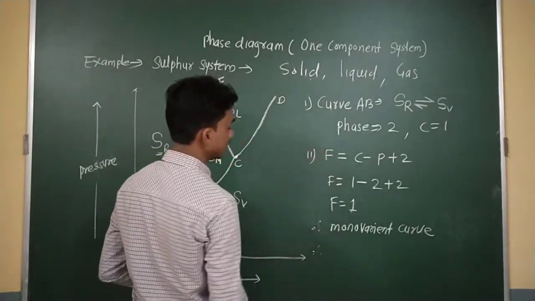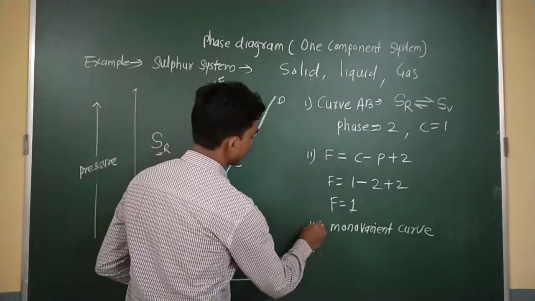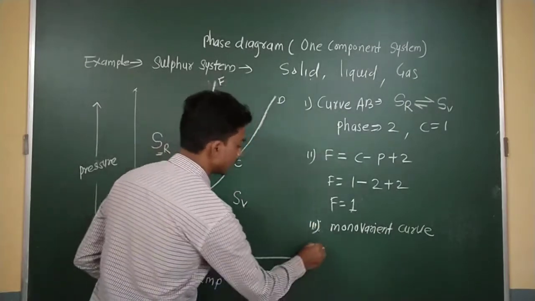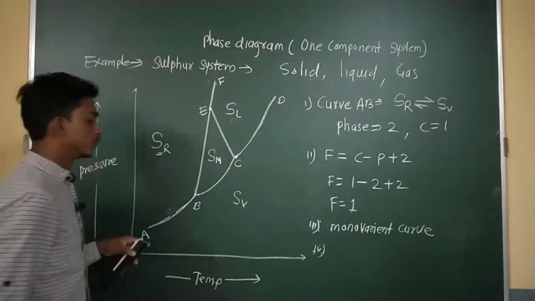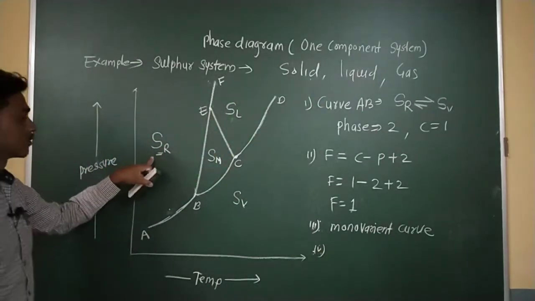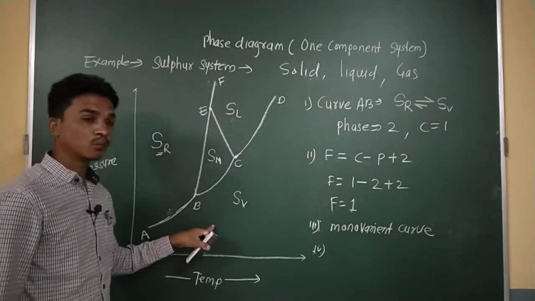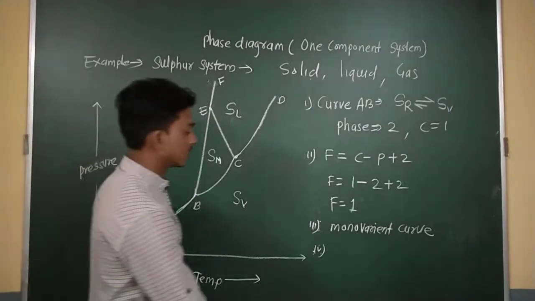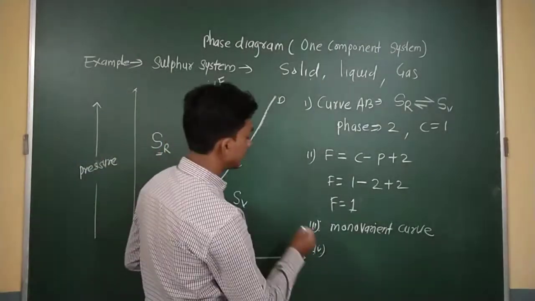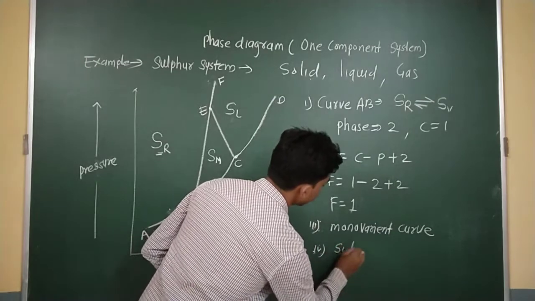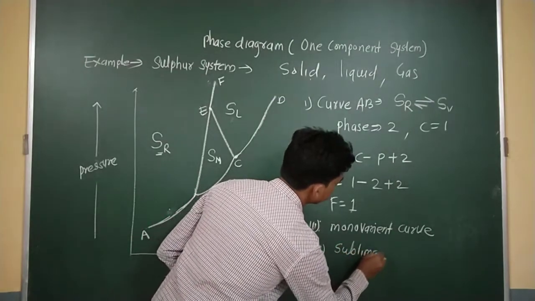The fourth point is that solid sulfur is directly converted into vapor state, so curve A to B is the sublimation curve.